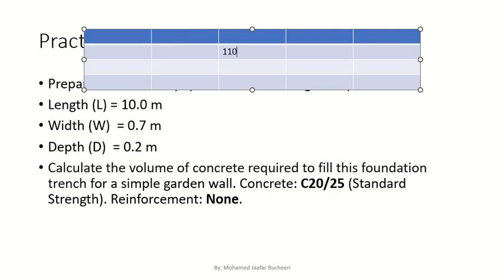10, then 0.7, then 0.2. Should I add something here? Meters? You have to add meters. Why?